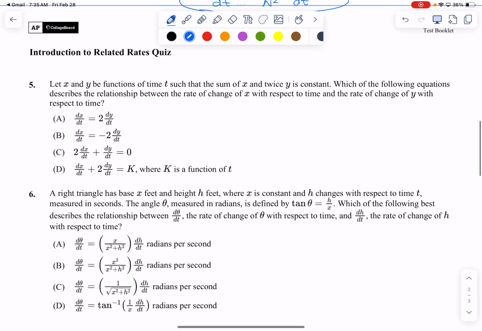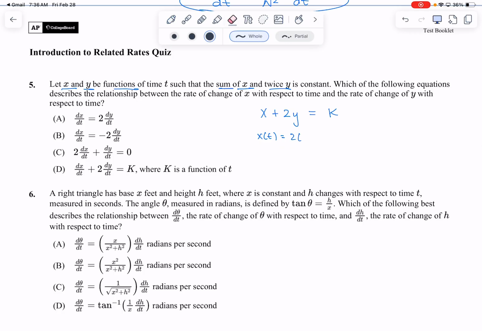All right, number 5. Again, same thing. Let functions x and y be functions of time such that the sum of x and twice y is constant. So how would I write that equation? X plus 2y equals a constant. Okay. So again, let x and y be functions of time. So when it says functions of time, it's like x of t and 2y of t.